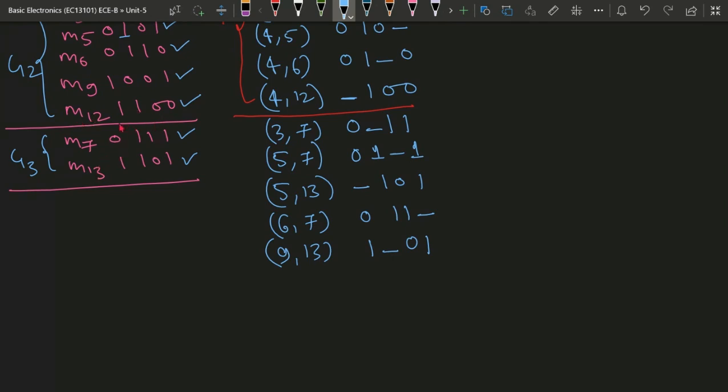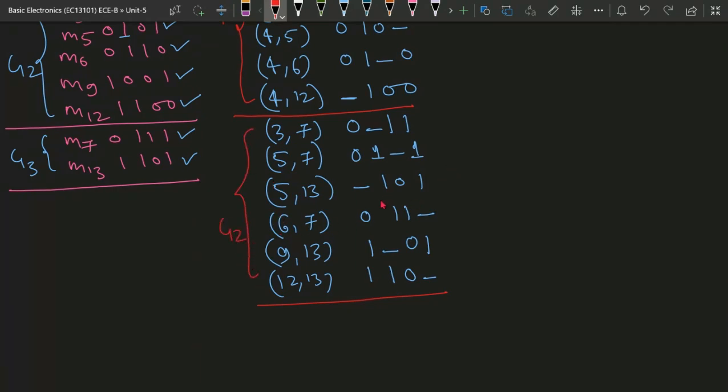M12 and 13: this is same, this is same, this is same, and last bit is changing, so M12 and 13 will be paired. So here it will be like 1 1 is same, 0 is same, last bit is changing. So this is the group 2 of table 2.